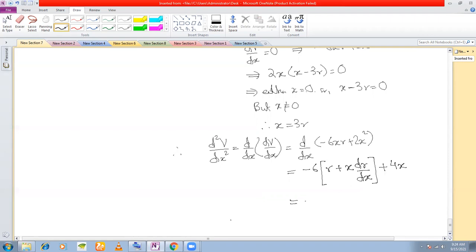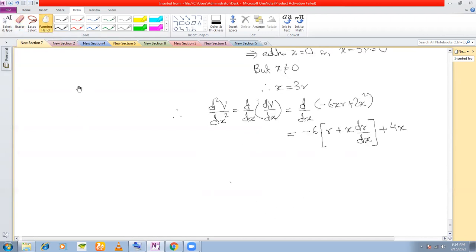Which is equal to minus 6 into, okay, we have got this, right? So at x is equal to 3r, what is the sign of d2v dx2?